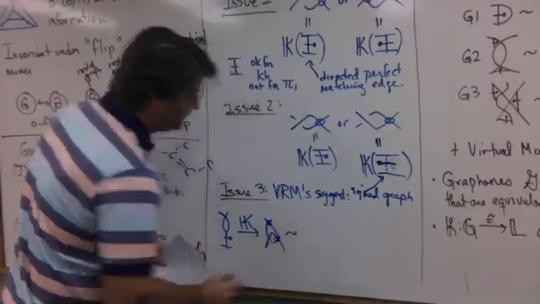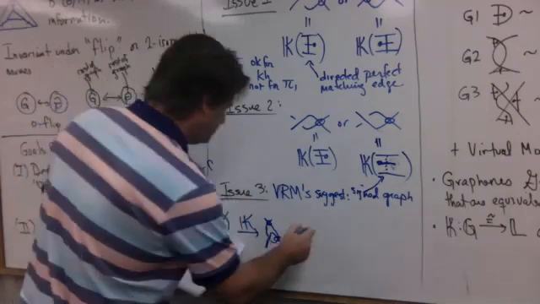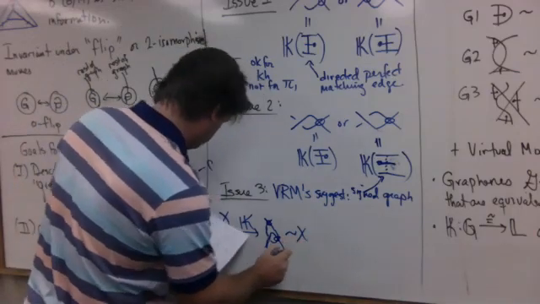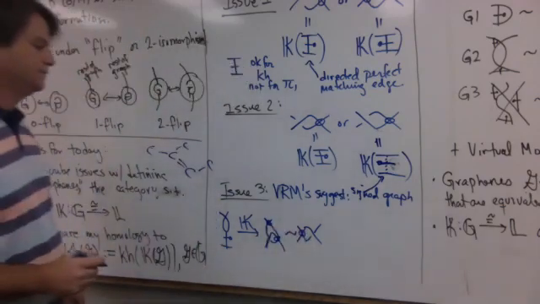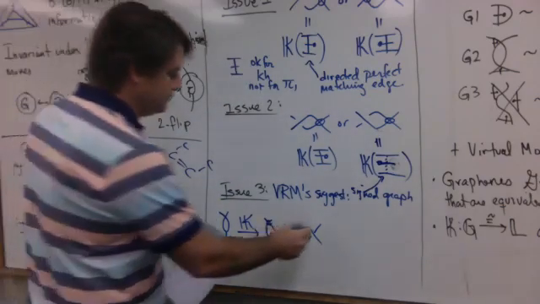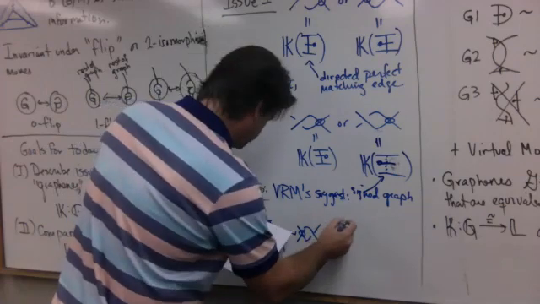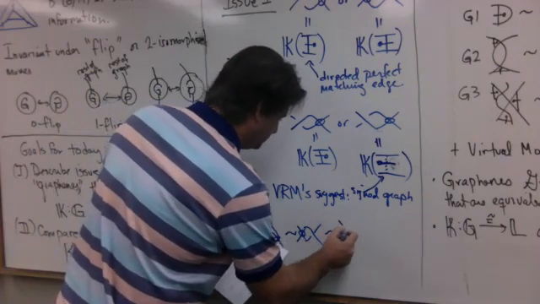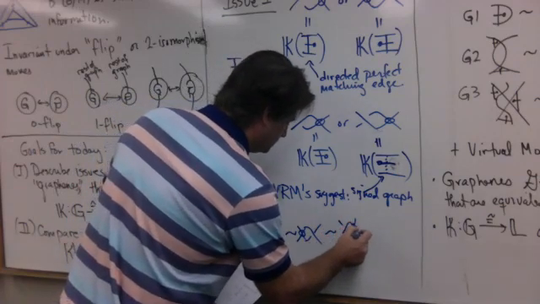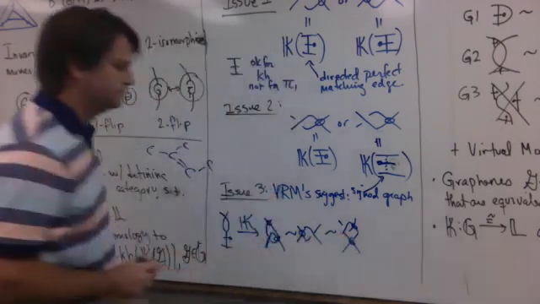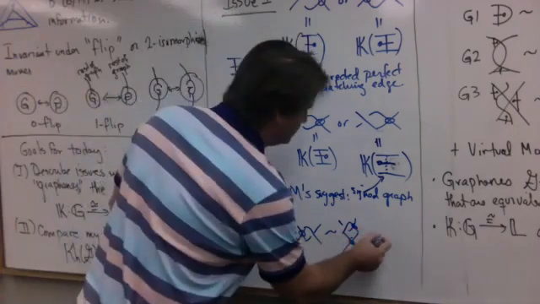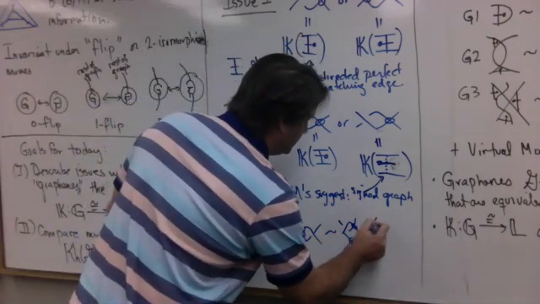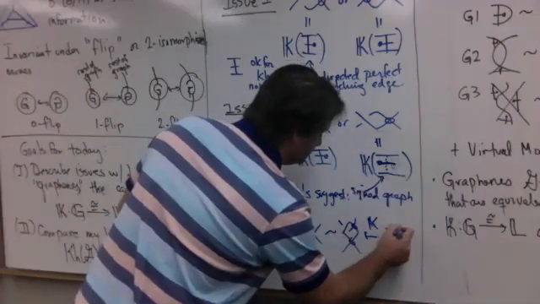This is equivalent by the virtual Reidemeister moves to that, and then that's equivalent to something that looks like this. I won't go through it, but that's one of the things you can work out for yourself. And then by the K-map again, this is actually equal to that.